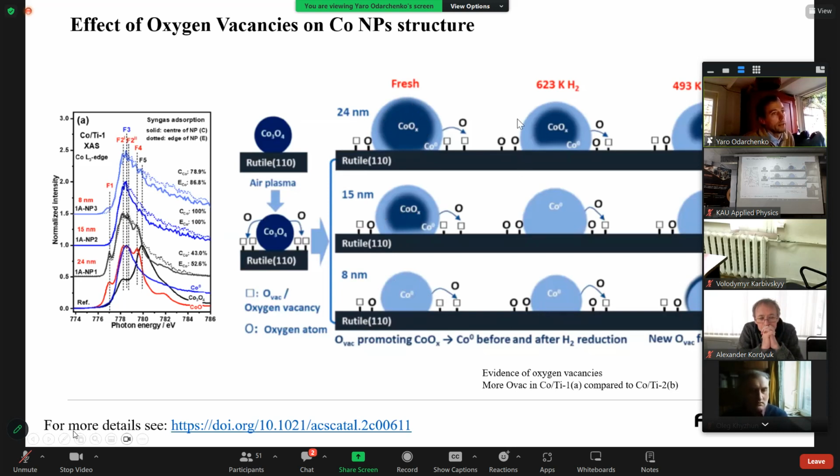But as you can see, after further heating the particles to 400 degrees in hydrogen, basically reducing them, this helped with further reduction. And after that we also did exposure to the syngas. Here I want to say that we were doing a quasi in situ experiment.